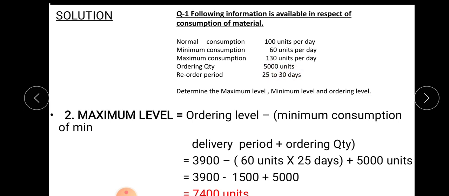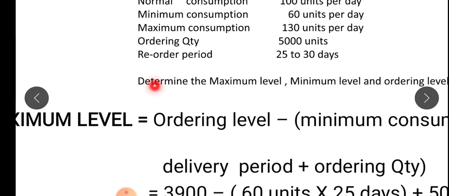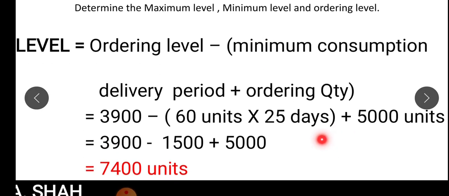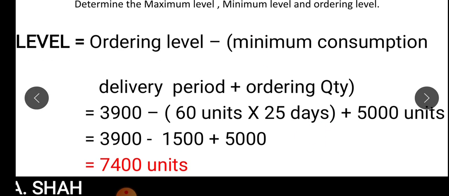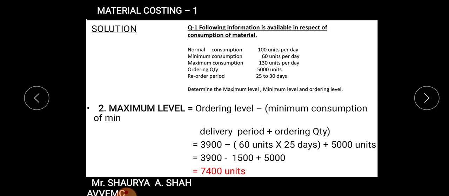Putting everything in the formula, it is 3900 minus 60 units into 25 days, all in bracket, plus 5000 units. So 3900 minus 1500 plus 5000 gives you 7400 units.